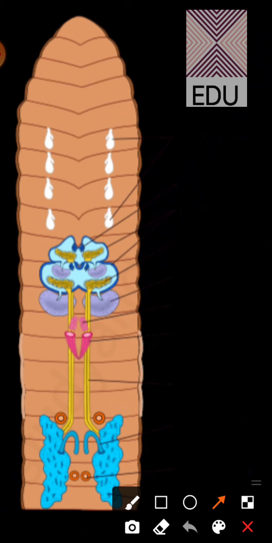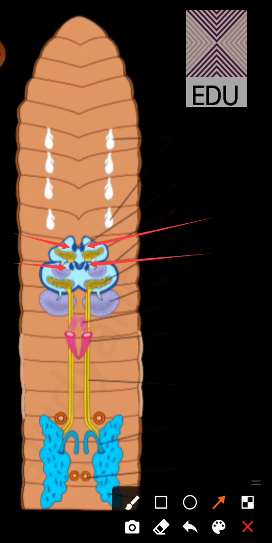Here they are shown in blue color and they are present in segment number 10 and 11. So these are 4 testes. 2 are on the left side in the 10th segment and then we have 2 in the 11th segment. So they are very small in size and they are present in the 10th and 11th segments.